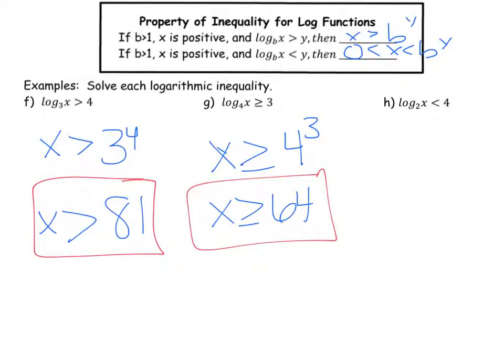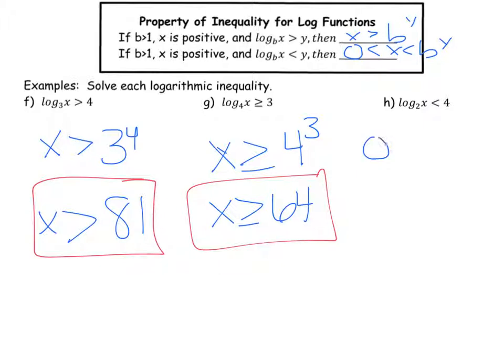Now in example H, we're going to have to look at that second line in the property of inequality of log functions section, because we have our log section, which is going to be less than our plain number. So if I go to rewrite this, I'm going to rewrite it a little bit differently.